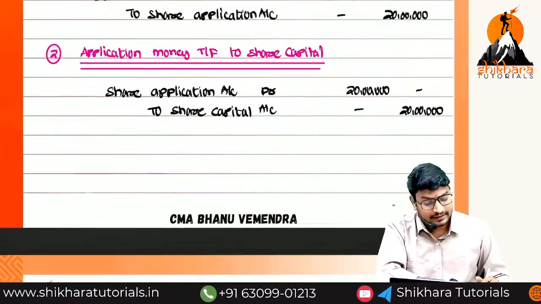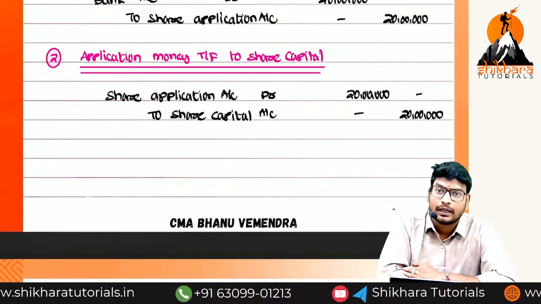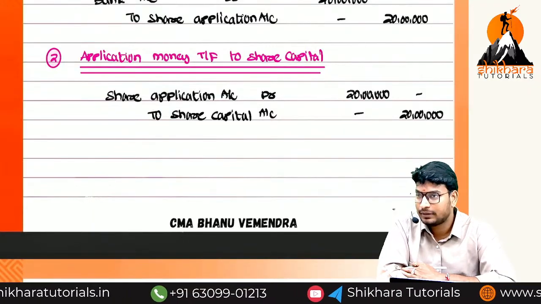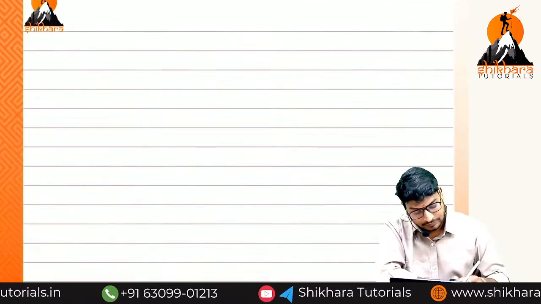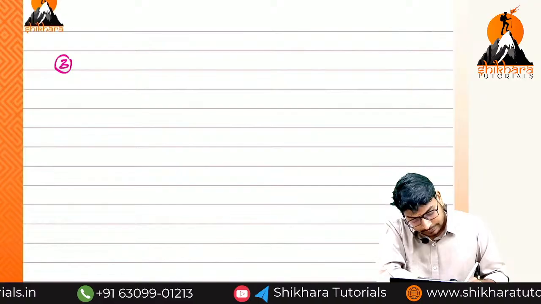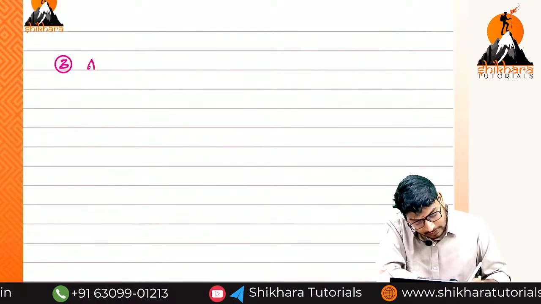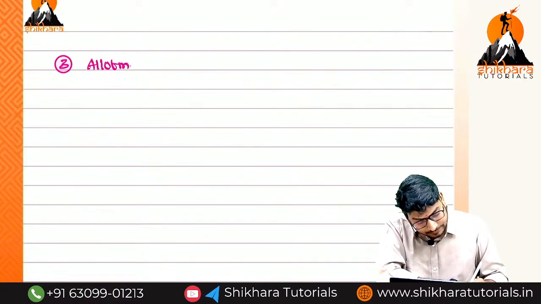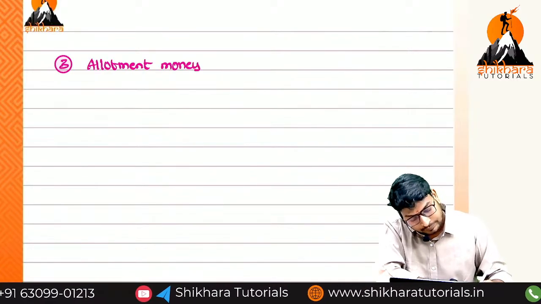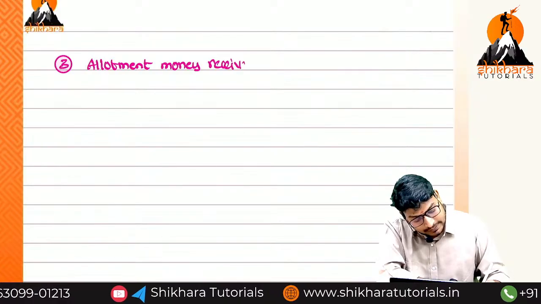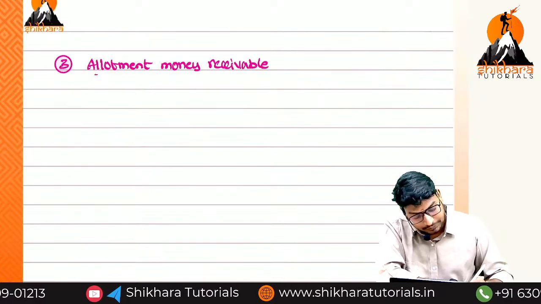What is the third journal entry? Allotment due, nothing but receivable. So allotment money receivable or due.